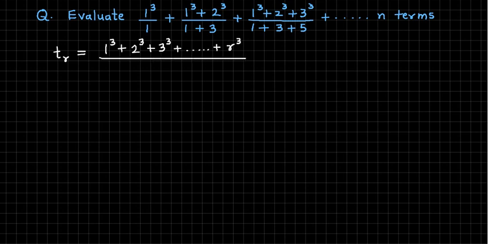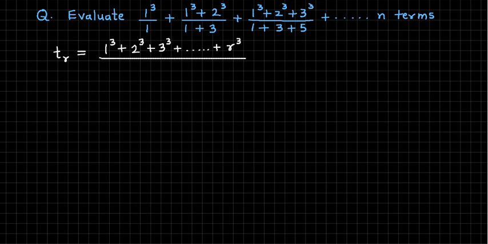Now let's look at the denominators. The first denominator is 1, then we have 1 plus 3, then 1 plus 3 plus 5. That is nothing but a sum of odd numbers. But how many odd numbers? It is the same number of odd numbers as the term number. If we have the first term, we take only one odd number.